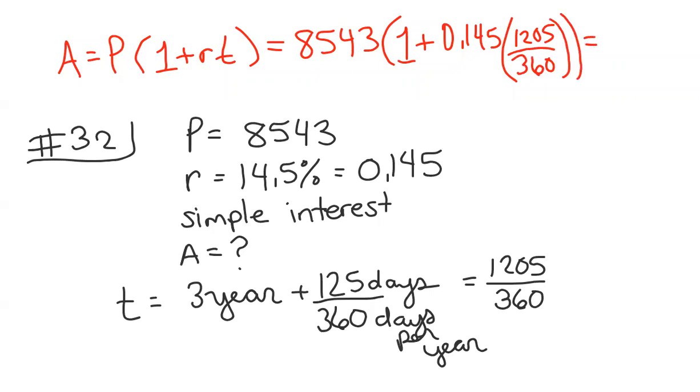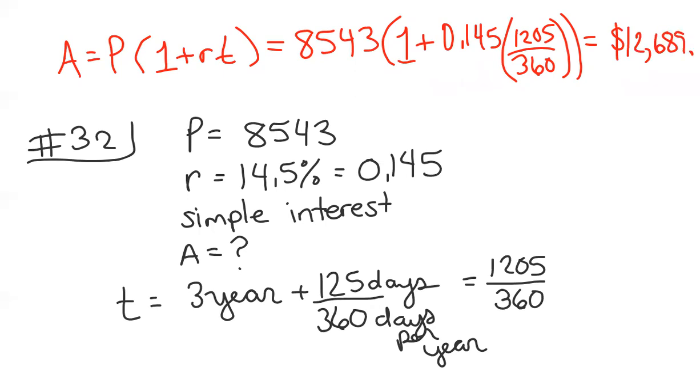Now for the calculator, I would type in 1205 divided by 360, enter, times 0.145, enter, plus 1, enter, multiplied by 8543, hit enter.